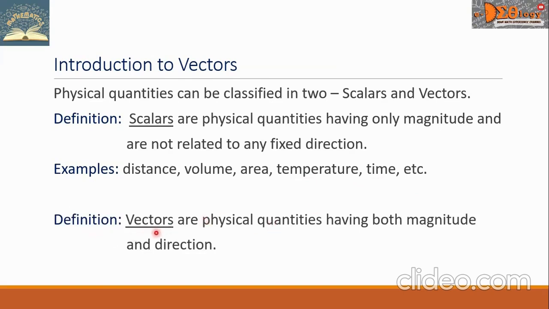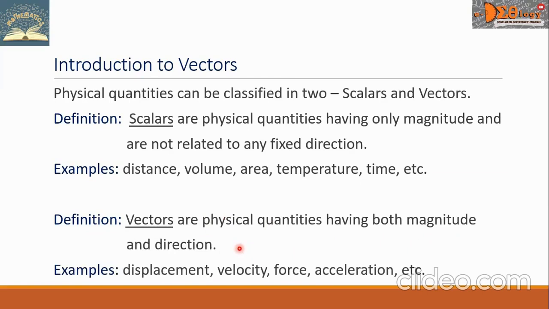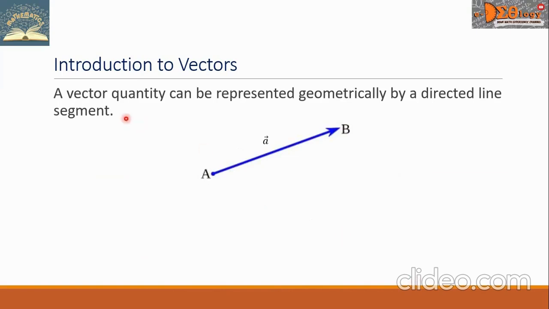Also, by definition, vectors are physical quantities having both magnitude and direction. Examples are displacement, velocity, force, acceleration, etc. A vector quantity can be represented geometrically by a directed line segment, as we can see here.